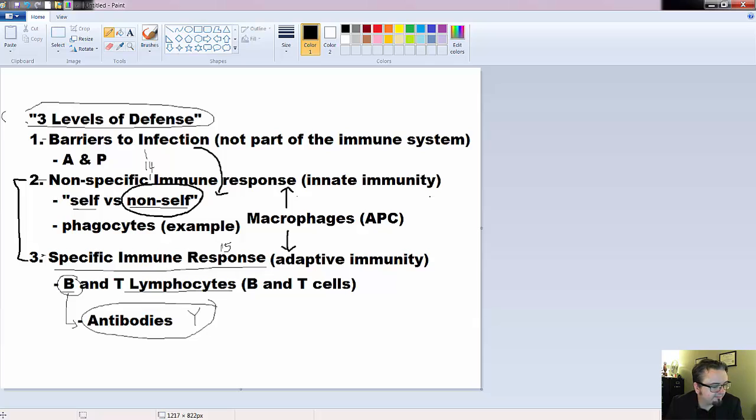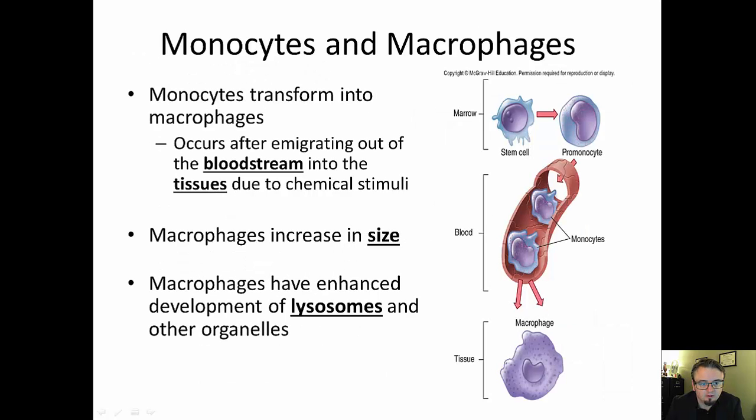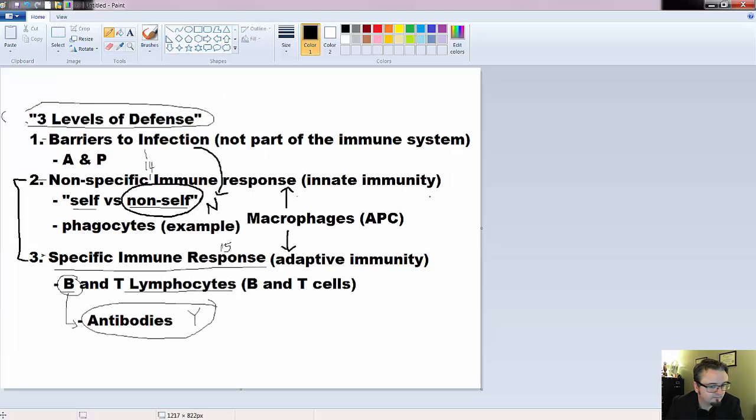Now, what often will happen first is neutrophils, and neutrophils will often be the first responder there. Neutrophils, going back here just real quick, will send out chemical stimuli that trigger monocytes to come into the tissue and become macrophages. So neutrophils ultimately trigger the macrophages.